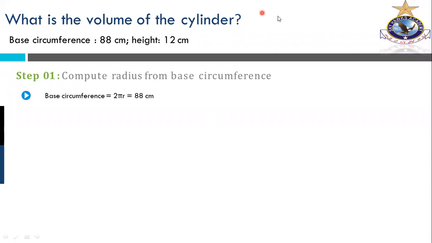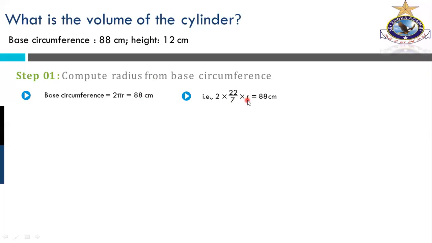Anyhow, the base circumference is 2 pi r, which is given as 88 centimeters. The value of pi is 22 upon 7, and r is what we are looking for.